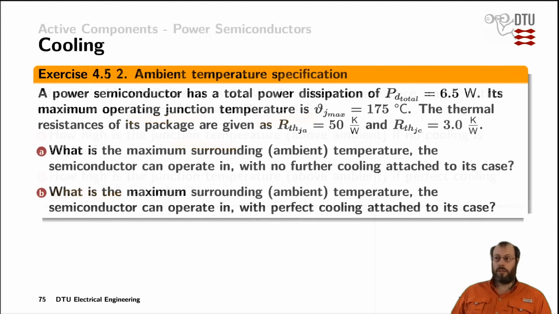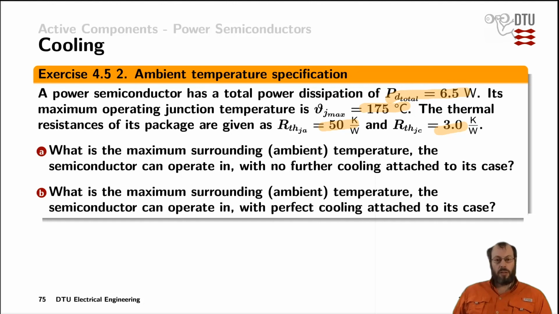For the next exercise, a power semiconductor is assumed to have a total power dissipation of 6.5 watts. The maximum operating temperature of the chip is 175 degrees, and the thermal resistances are the same as we just extracted from the datasheet and had in the last exercise. But this time the question is the other way around.